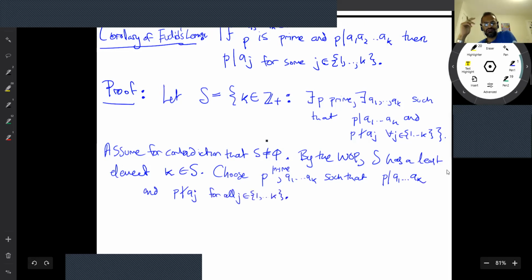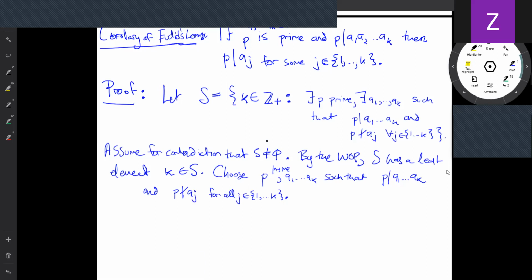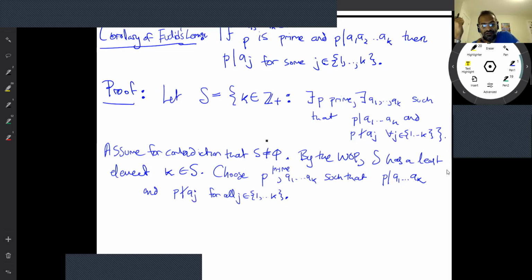Now I'm in a good position to apply Euclid's lemma, right? What can you say about P and A1? Since P doesn't divide it, can you say that they're coprime? Yeah, they don't have any common factors other than 1.